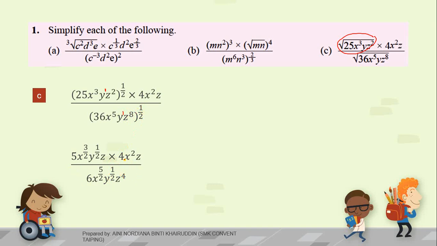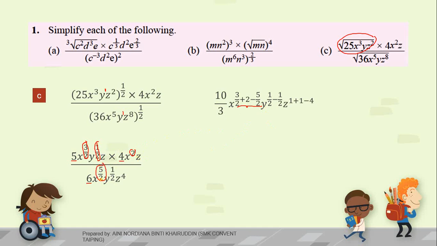So once you get this, then you can solve the coefficient first in a bracket. You can use your calculator to calculate 5 and 4 divided by 6. So we get 10 over 3. Then x to the power of 3 over 2 plus 2 minus 5 over 2. So here, y 1 over 2.